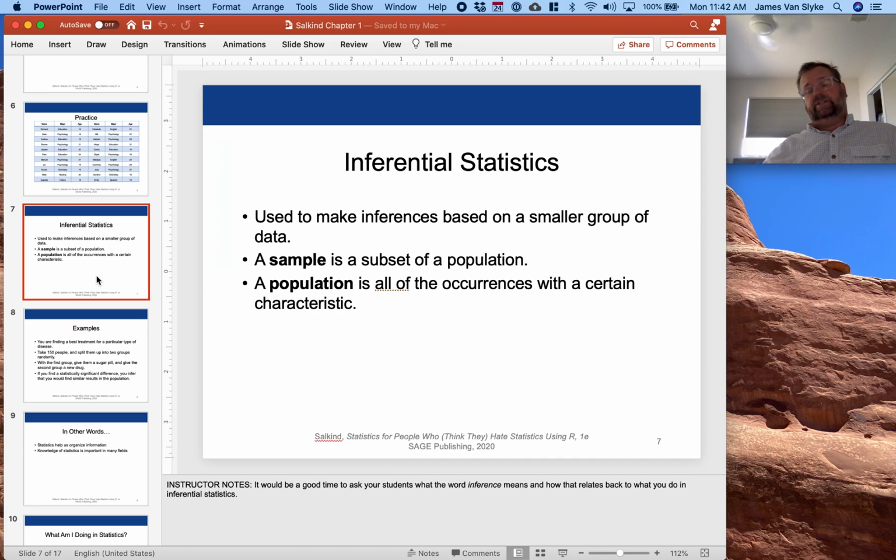Inferential statistics is when I don't have information in general about the population, but I use the sample that I have to give me information about that population. I make an inference about the population based on the sample that I have.